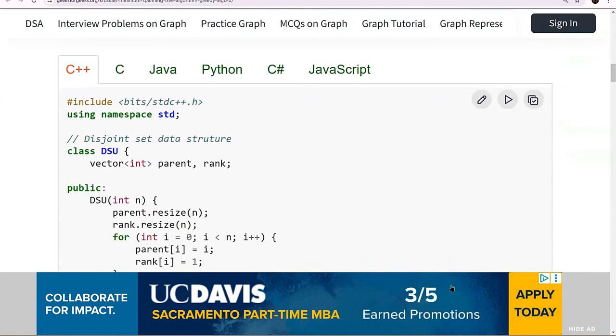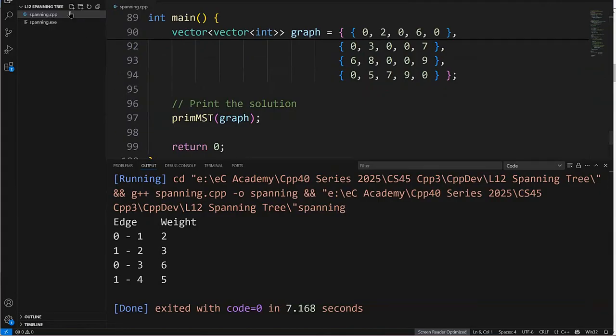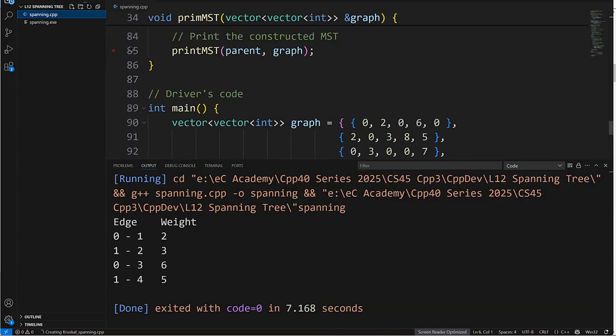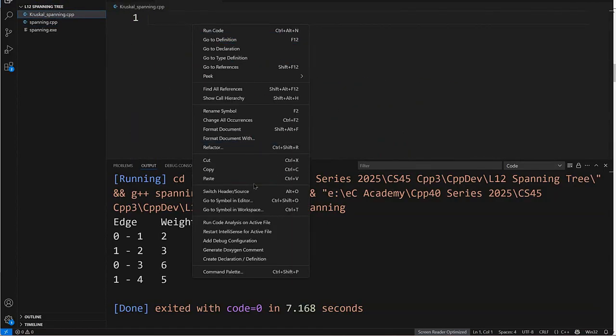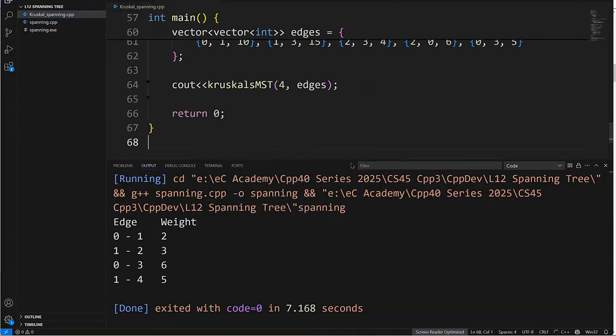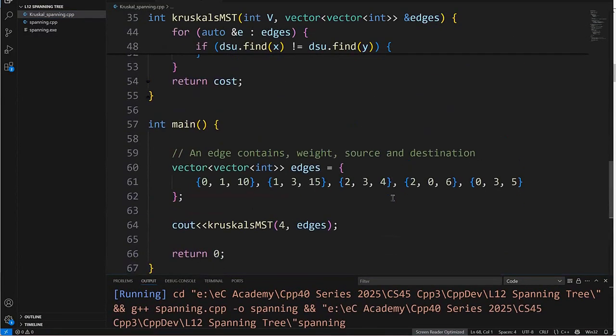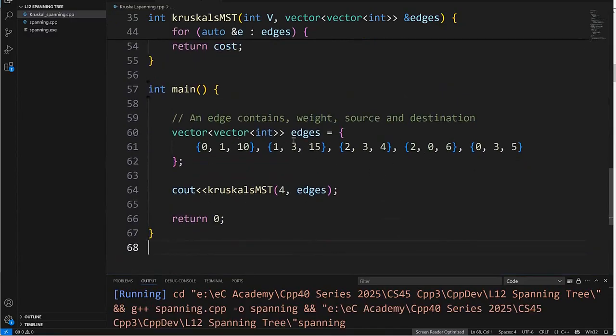Let's copy the code. So for this Kruskal one, again you have an adjacency matrix, and you have different edges.